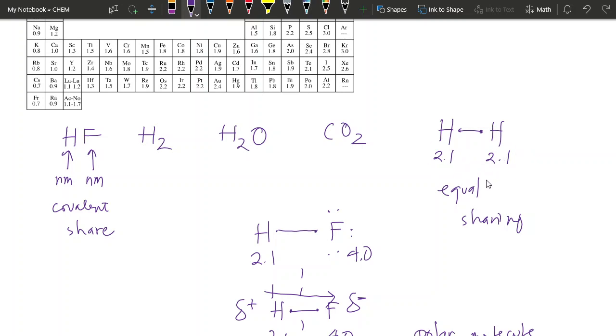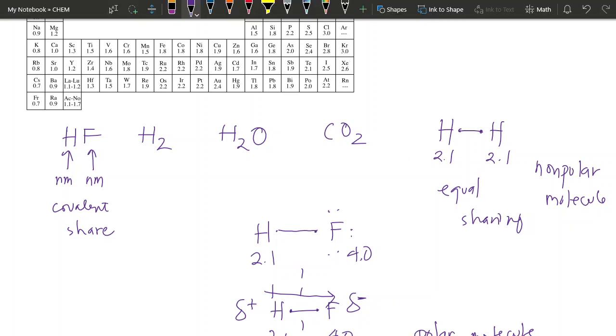So here there is no separation of charge, so no one will become partially negative and no one will become partially positive. So we call this one a non-polar molecule. It's just the opposite of polar molecule. H2, non-polar. HF is a polar molecule.